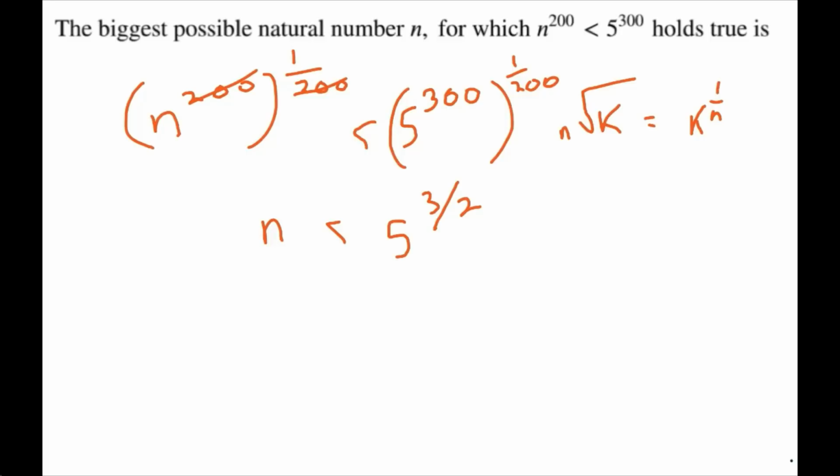Let's first calculate 5 to the power of 3, which is 125. Now we need to calculate the square root of 125, as something to the power of 1/2 is equal to the square root.